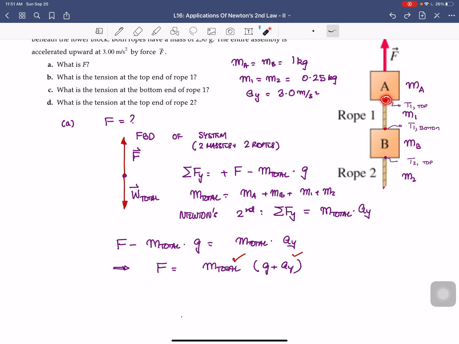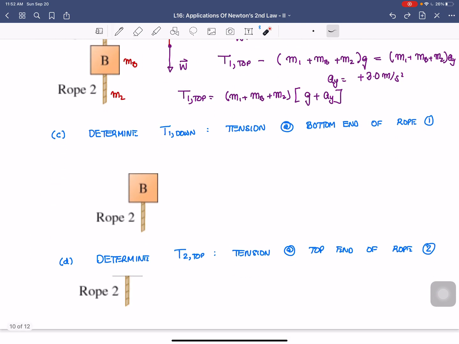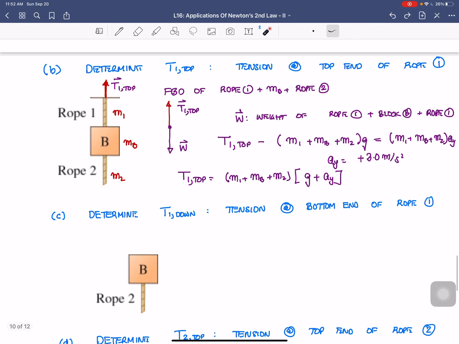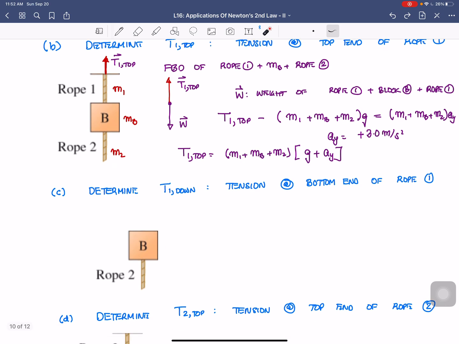The tension at the top end of rope 1 is responsible for accelerating everything below it, which is everything except block A. And using this logic, the tension at the bottom end of rope. I've got this written a little wrong, I'm sorry about that. That should read T1 bottom.